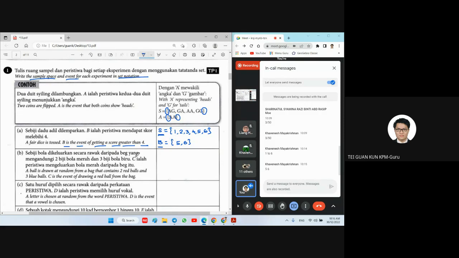Okay, we try one more times. Okay. B. A ball is drawn at random from a bag that consists 2 red ball and 3 blue ball. C is the event of drawing a red ball from the bag. Okay, so apa yang ada dalam bag itu?